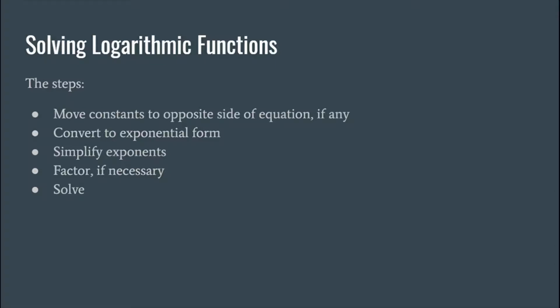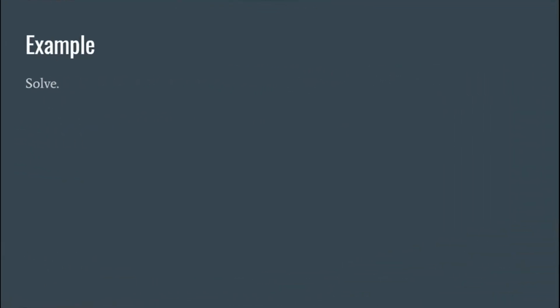Okay, so let's take a look at a couple of examples. Okay, so here, I can't really solve this right now in this form, so what I'll do first is the first step was to move any constants that aren't attached to the logarithm over to the opposite side, but you can see this is all part of the logarithm, so there's no constants that we have to move.